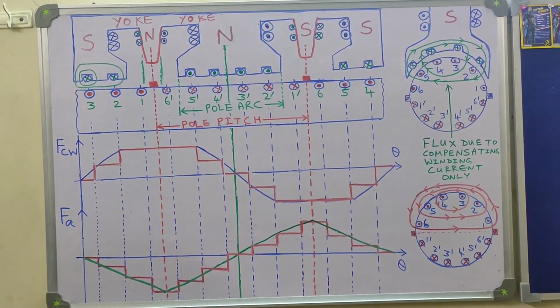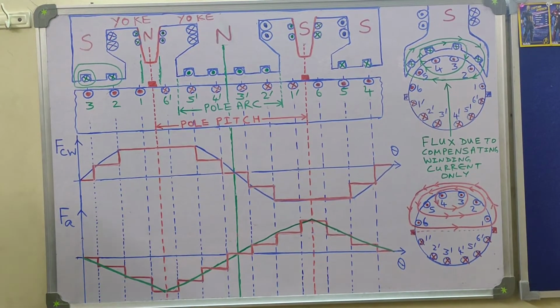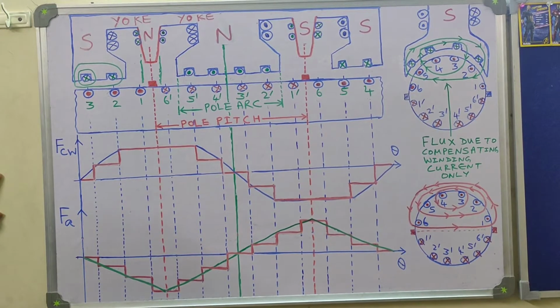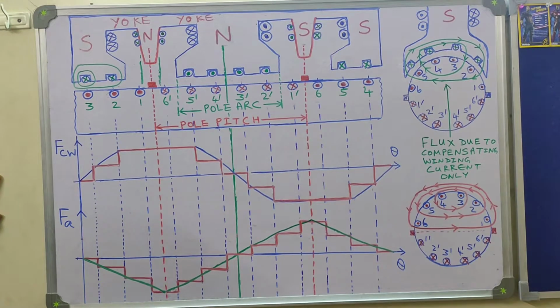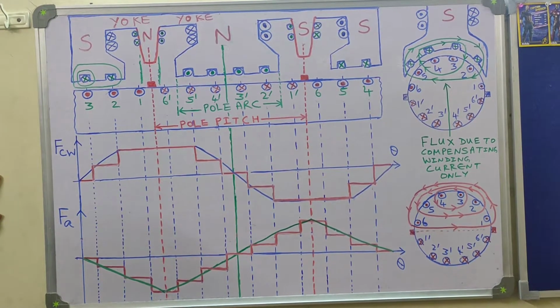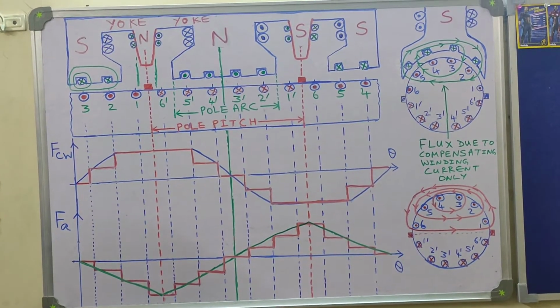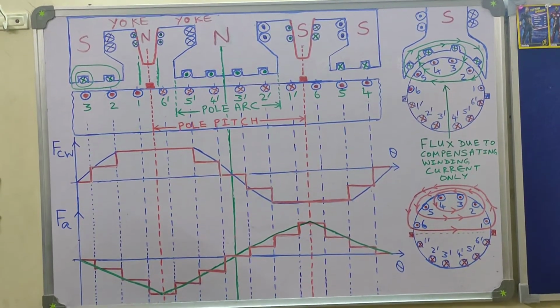By better distribution of magnetic flux density in the air gap, we mean that there won't be any non-uniform distribution, or there won't be any distortion. So in order to make sure that there is no distortion or non-uniform distribution, we should also employ compensating winding, and the function of the compensating winding is to cancel or neutralize the armature MMF.